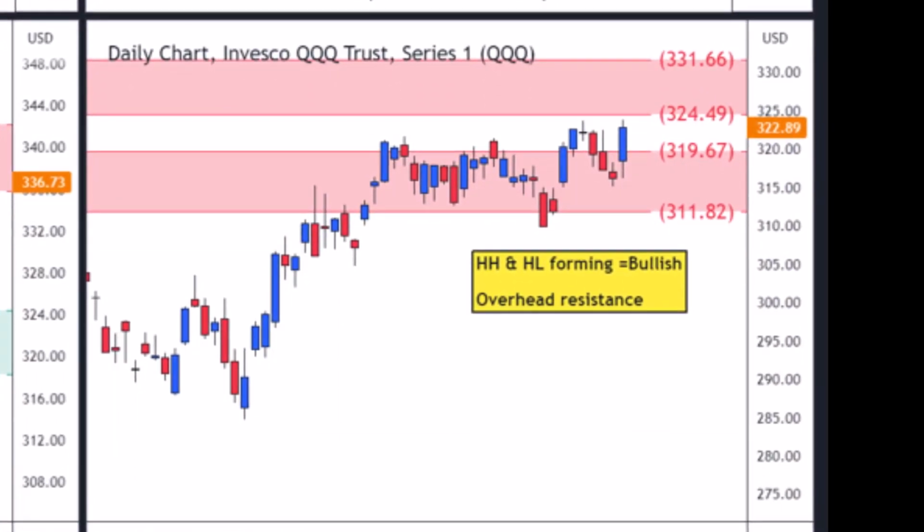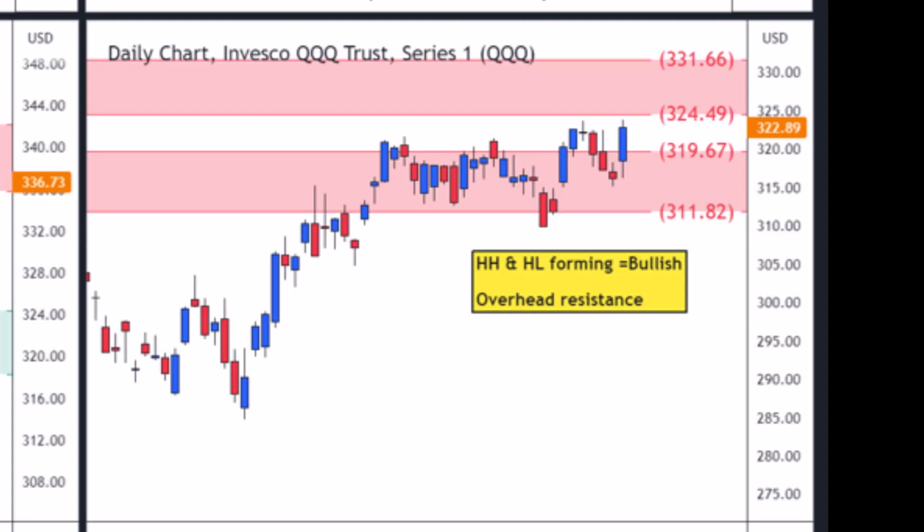And you can see on the daily chart on the QQQ, a little better picture of the bullish behavior going on. We see a higher high and a higher low has now formed. So that's the bullish behavior right there, the bullish pattern structure. We're just barely and modestly breaking out of that sideways consolidation that's been going on from about 310 to 320.